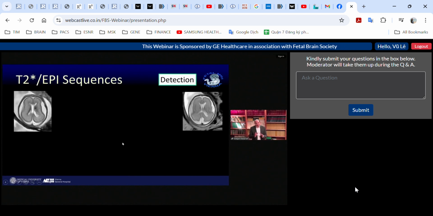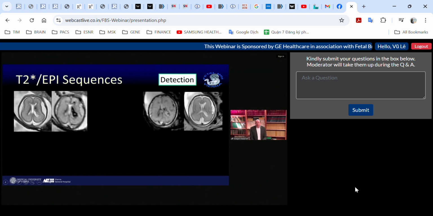There's another technique which can help you out because we realized that sometimes EPI can be oversensitive. I give you two examples. Again here, you might think, well, there is some hemorrhage here. Looks a little bit, let's say, atypical, ganglionic eminence here. Here on that one you see ventricular asymmetry. Is there really blood there? I don't know.